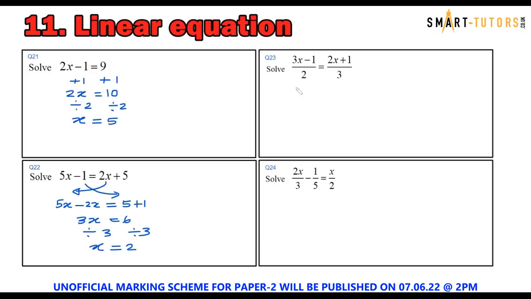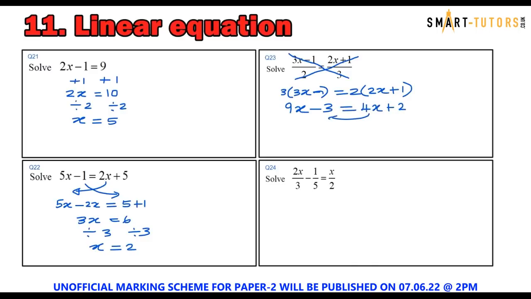Question number 23. You can do the cross multiplication, so that means the 3 is multiplied by 3x minus 1 and the 2 is going to be multiplied by the 2x plus 1. So 3 bracket 3x minus 1 equals 2 bracket 2x plus 1. Multiplying the brackets, so 9x minus 3 equals 4x plus 2.